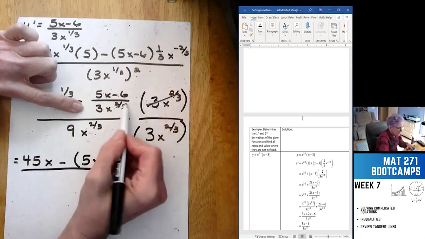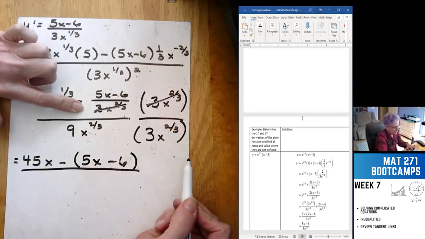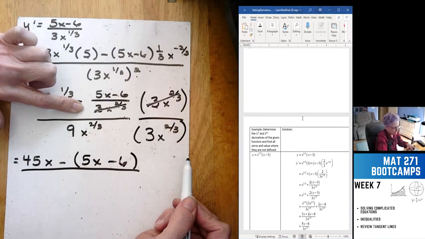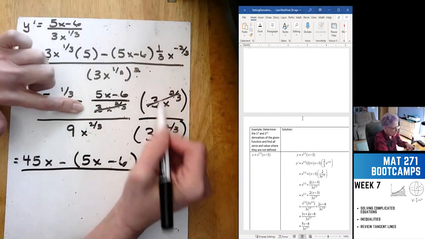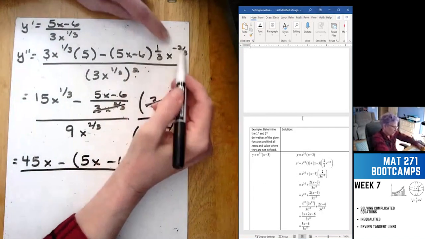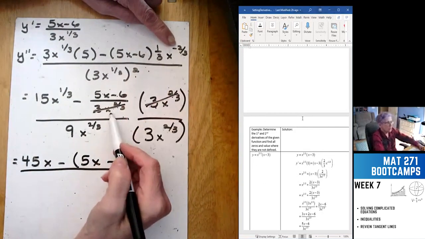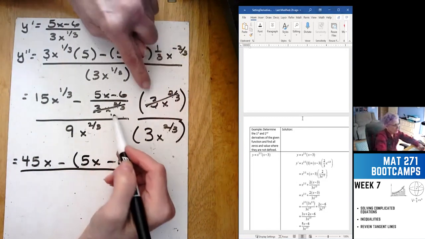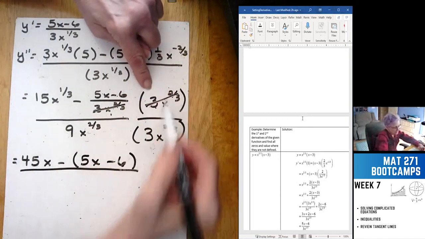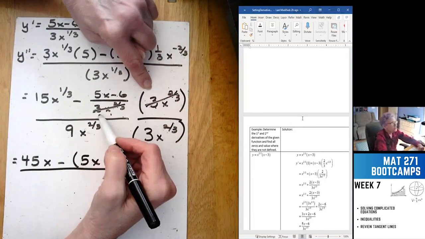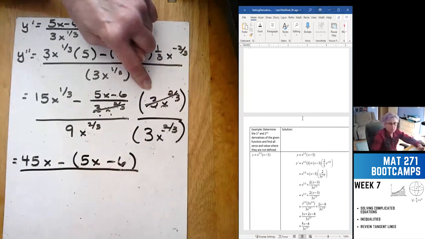So this one just cancels with that one. Yeah, but how does it become just positive 2/3? I multiplied both. This became positive because I brought it down to the bottom. Yeah, and then I chose this so that that would cancel. That was my whole reason for multiplying by that.